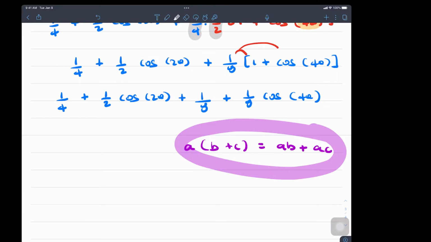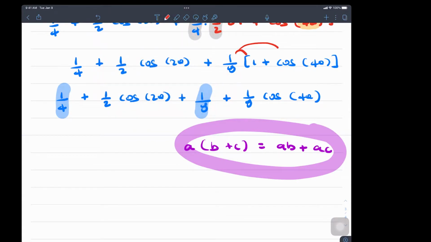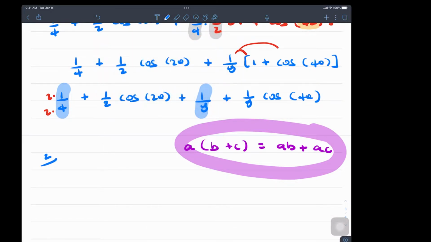And then we get what? 1/4 plus 1/8. How do you do that? Remember that little trick we do with the denominator? Multiply this by 2 and this by 2. So from the arithmetic, this is like 2/8 plus 1/8. And at the end of the day, that becomes 3/8. And that's just the constants.